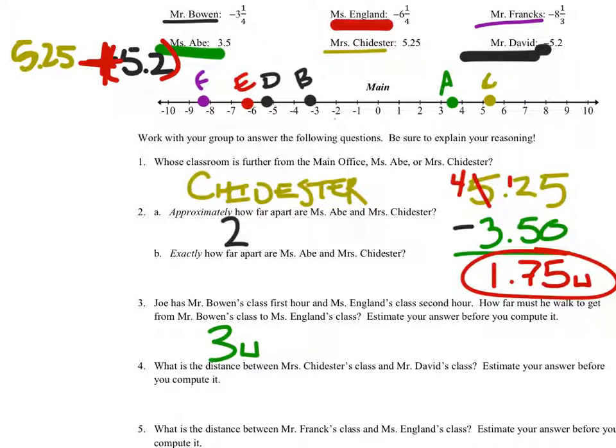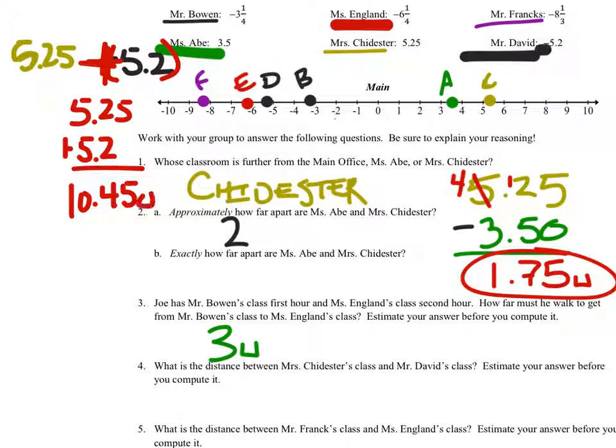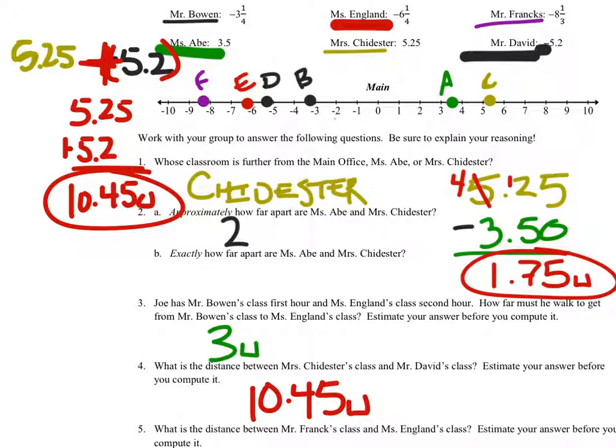So now I got 5.25 plus 5.2, which gives me 10.45. And we'll just say units. Bam. 10.45 units away from each other. Notice it did tell us to estimate. No, we will not be estimating because estimation is lame, especially when we're going to solve for the exact distance anyways.